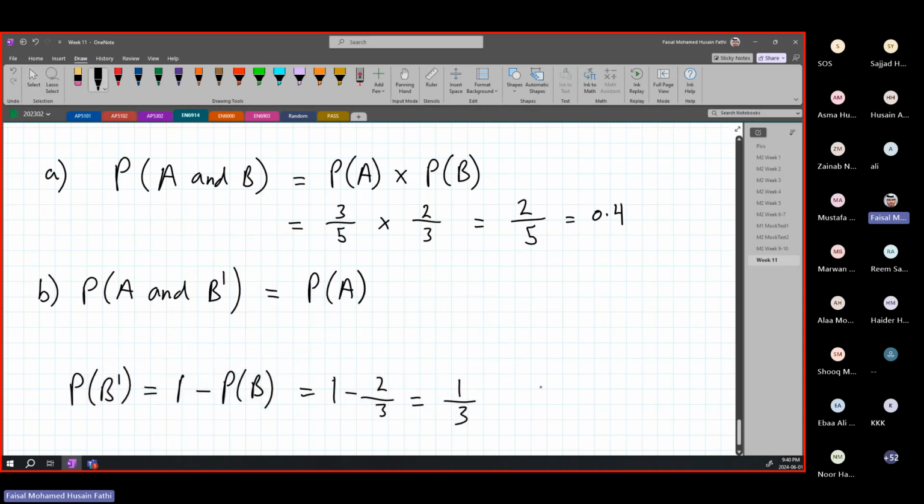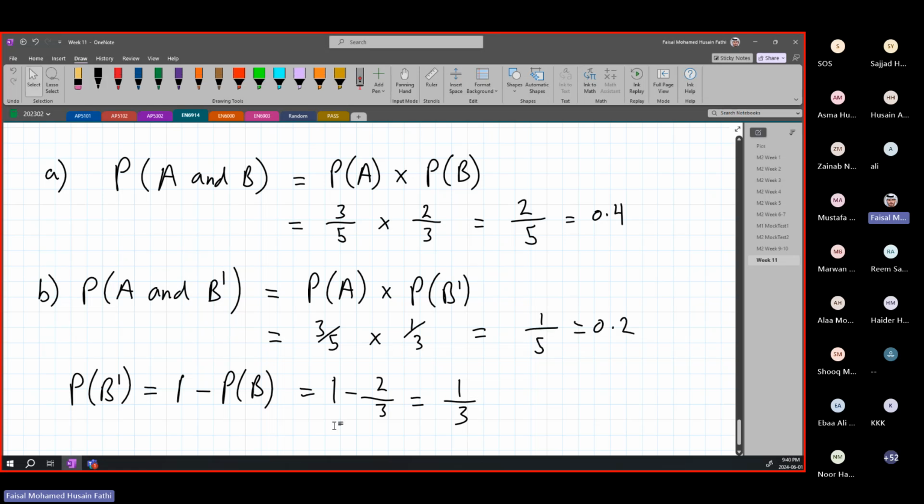So it's P of A times P of B not, which is equal to P of A is 3 over 5 times P of B not is 1 over 3. So it is 1 over 15 or 0.2 or 20% chance. Okay?